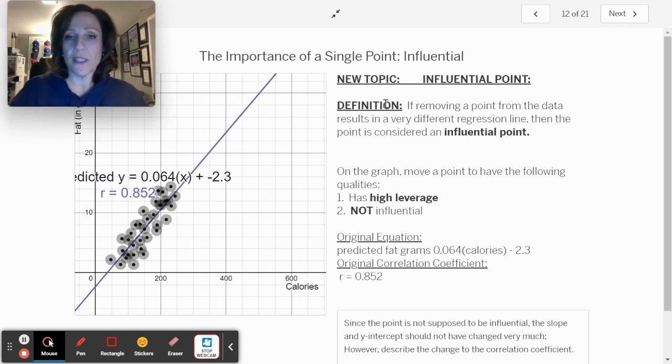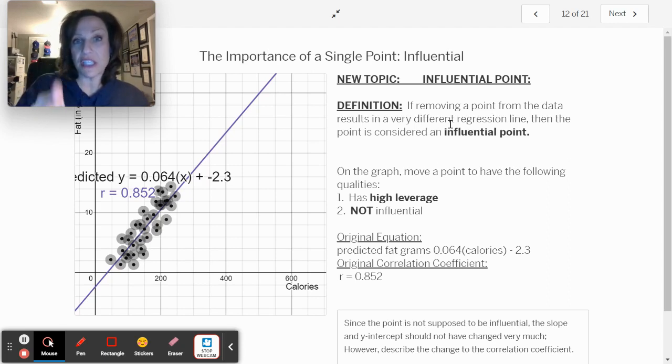Influential point. So here's the definition. If you remove a point from the data, and it really has an impact and makes a very different regression line, then that point is considered influential. In particular, we're really interested in whether it is changing the slope.